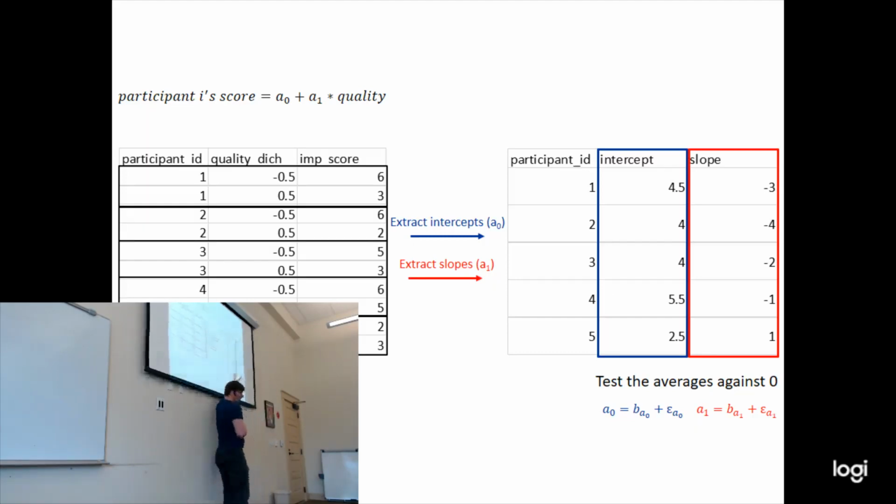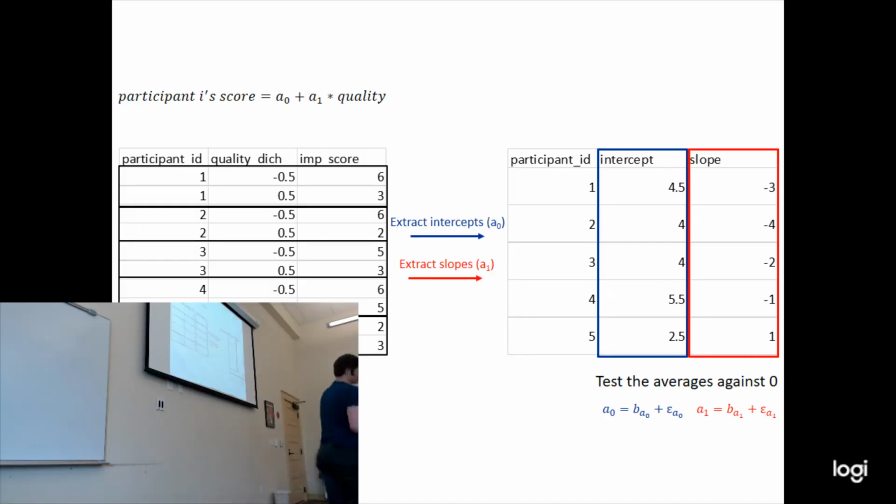So this column right here: not everybody gave the same grand average score across the two grades. There's going to be some variability in how harsh or lenient the reviewers were. Likewise here, across reviewers, reviewers are going to vary in how different their scores were across the high quality and low quality grades.